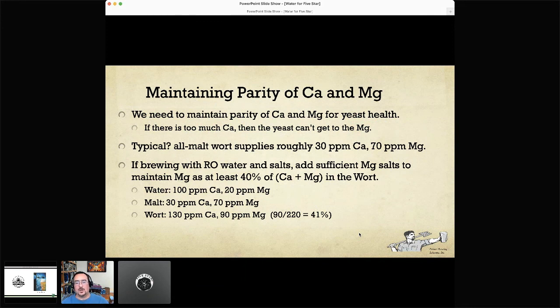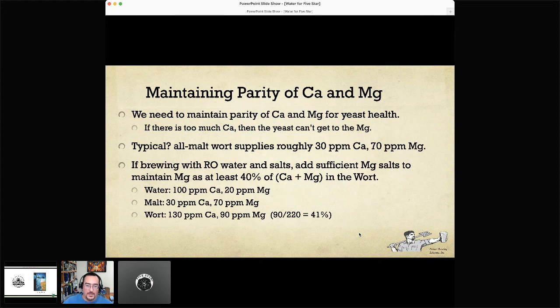And so if you add up what's in the water and what the malt contributes, we're trying to maintain some sort of parity, some sort of equality between calcium and magnesium for the yeast's sake.